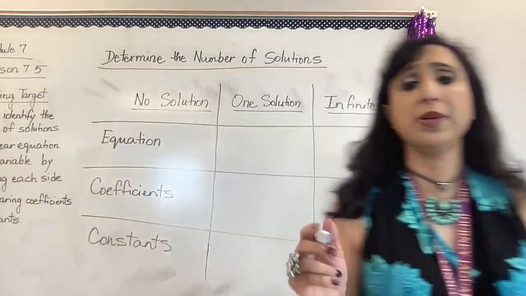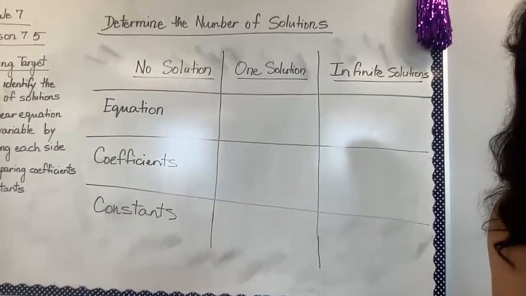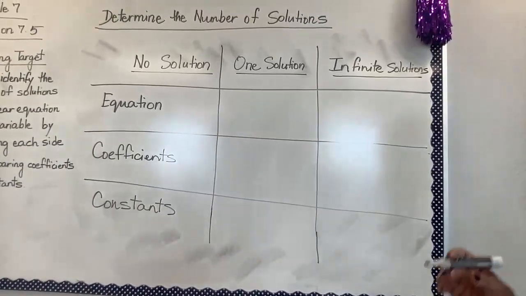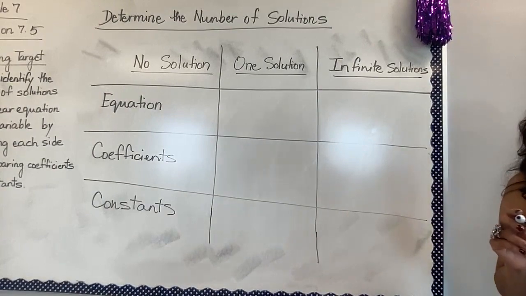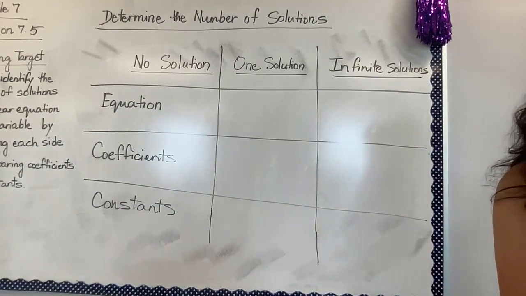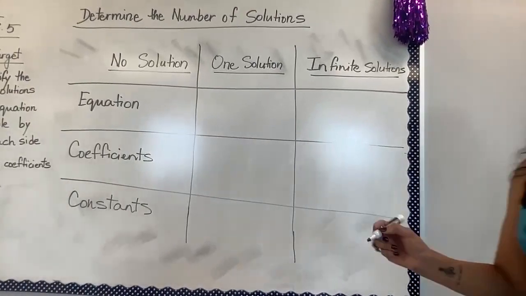So let's do some examples, and then this will help guide us to know, without even solving, whether there's going to be no solution, one solution, or infinite solutions. So let's say I do 6x plus 3.